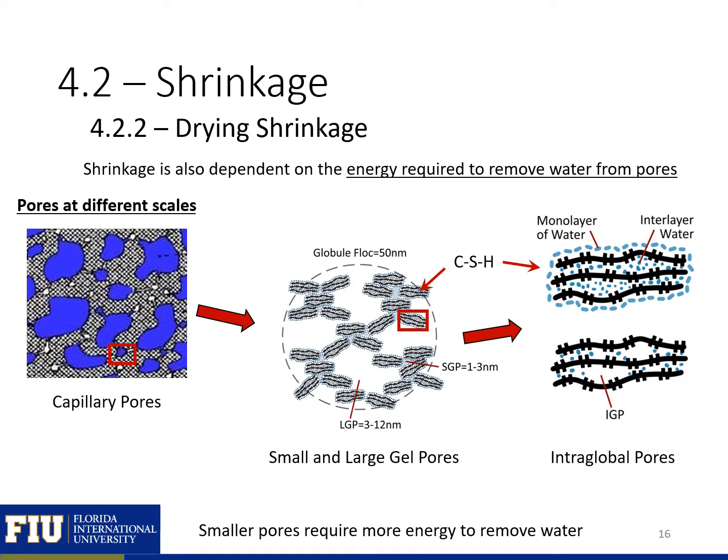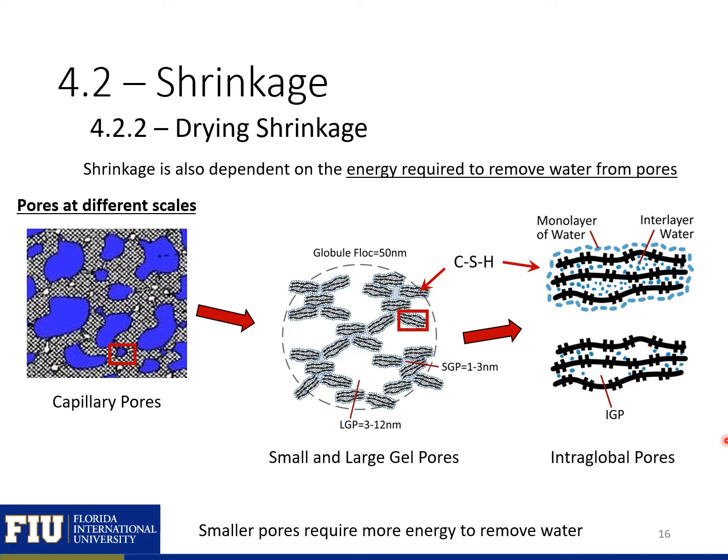Our shrinkage is also going to be dependent on the energy required to remove the water from the pores. So our pores are going to be at different scales. We can have small and large gel pores that are between the CSH, and we can also have intraglobular pores that are actually within the CSH itself.